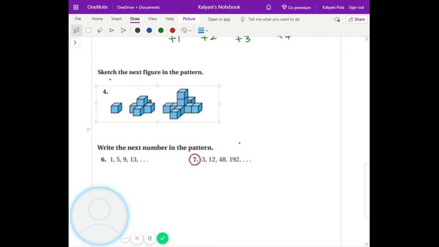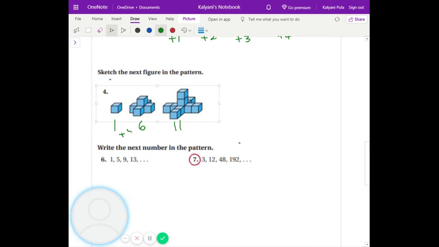Okay. Wait, what is the rule? What is the pattern? We find it: 5 plus for number 4. Okay, let's check it. This is 1. How many blocks here? 6. That's right. That's good. How many blocks here? 11. That's right.